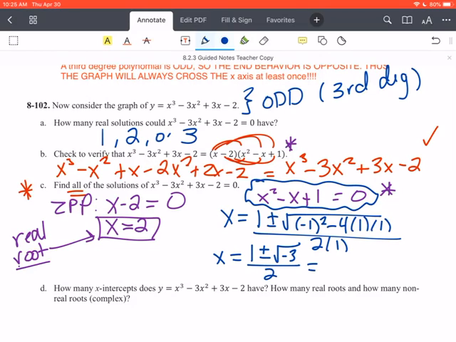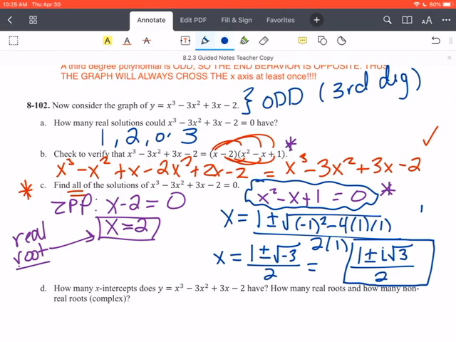Okay, now, what's the square root of negative 3? It is 1 plus or minus i root 3, because 3 is not a perfect square number, over 2. So these are the two other roots, but they are complex.